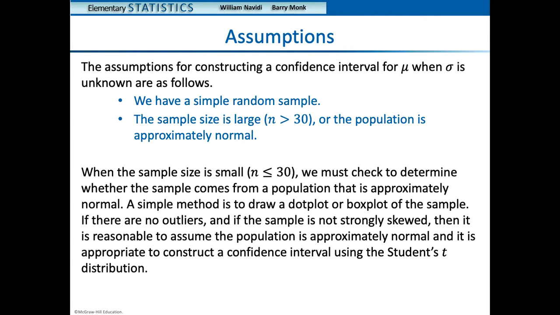So if you need to check that second assumption, an easy way to do that is to draw a quick dot plot or box plot, but dot plots are a little simpler. You want to check to see if that dot plot looks relatively symmetric. You don't want to see any evidence of strong skew or anything like that. But if the dots are pretty evenly spread out, then it would be reasonable to assume that the population is approximately normal. So that's one way you can check that second assumption.